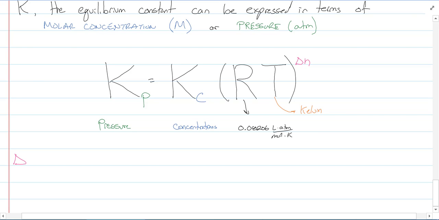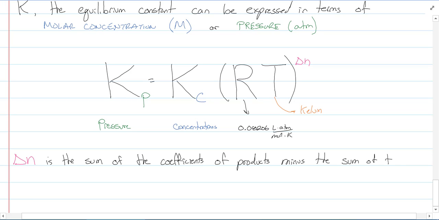And delta n is the change in moles, basically. So delta n is the sum of the coefficients of products minus the sum of the coefficients of reactants. So that's what happens.